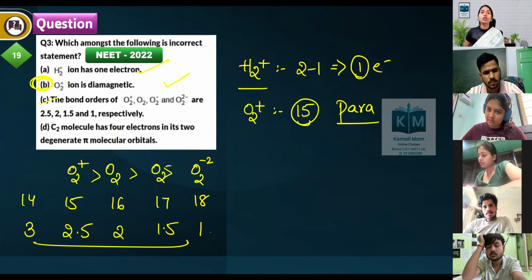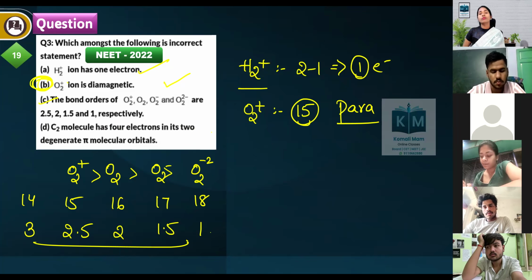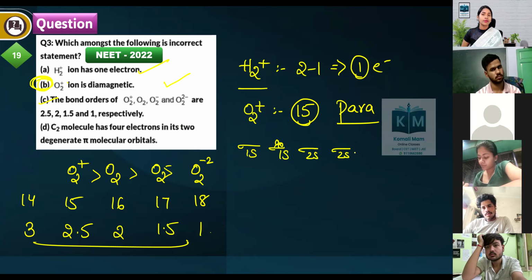Next, C2 molecule has 4 electrons in its 2 degenerate pi molecular orbitals. So C2 means carbon, 6 plus 6, 12 electrons. So sigma 1s, sigma star 1s, sigma 2s, sigma star 2s, then pi 2px and then pi 2py.